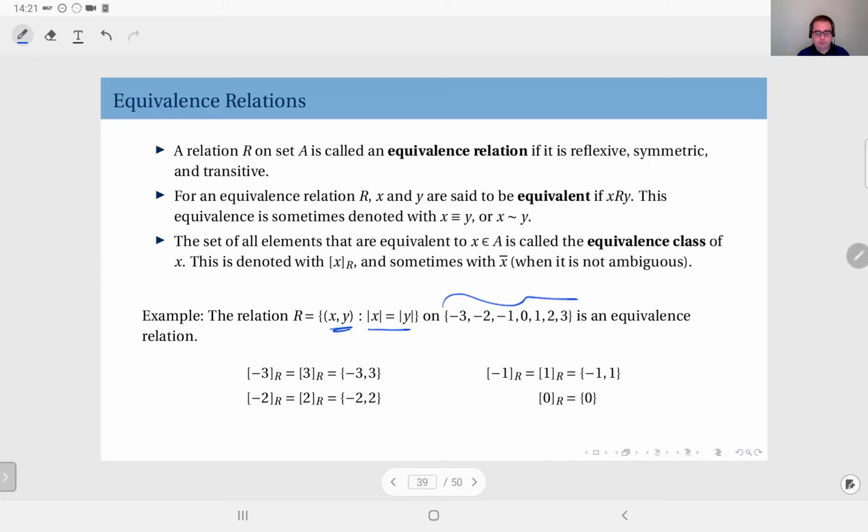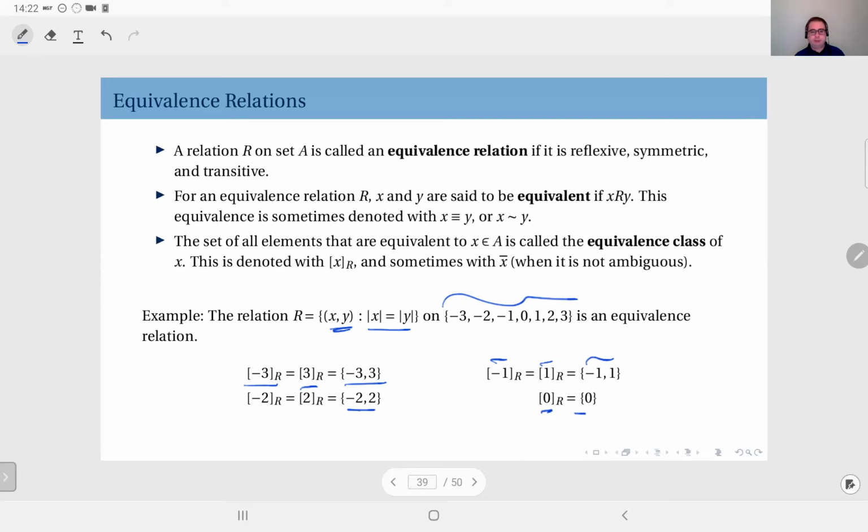So the equivalence class of -3 and also the equivalence class of 3 is equal to {-3, 3}. Similarly, the equivalence class of -2 and 2 consists of these two elements. The equivalence class of -1 and 1 consists of these two. And the equivalence class of 0 consists of only 0.